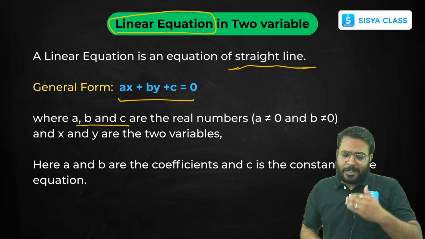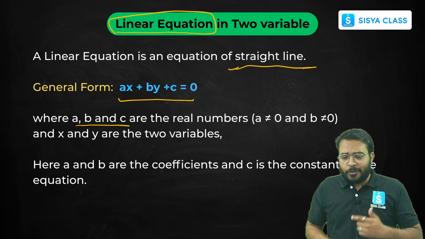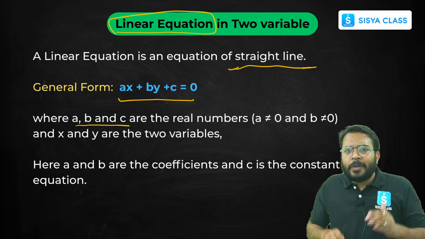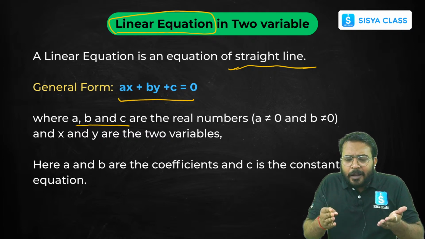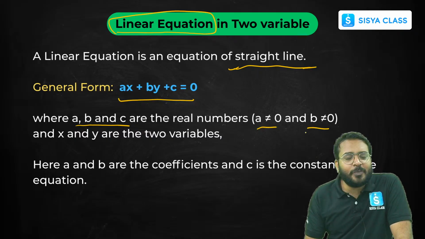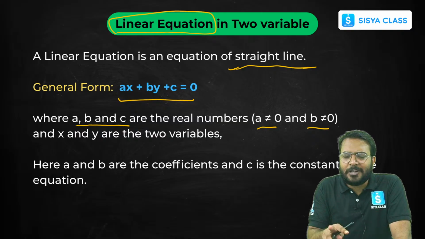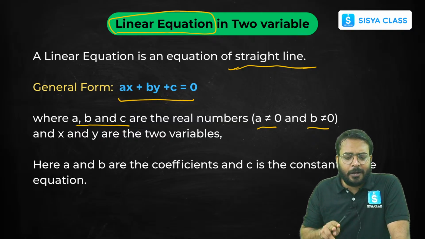If the coefficient of y becomes 0, again it is an equation in one variable. So for it to be a linear equation in two variables, a and b should not be equal to 0.